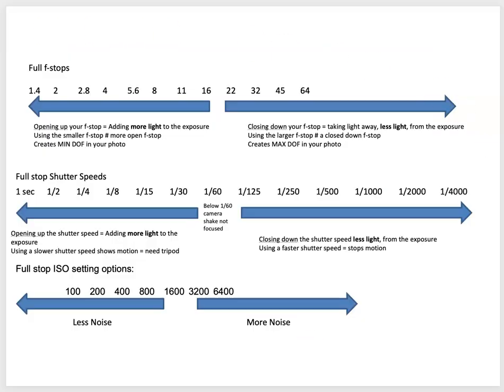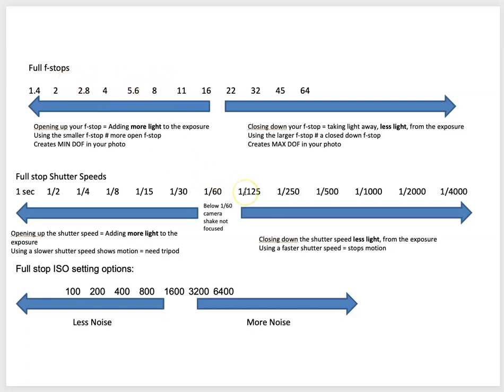If you're really interested in learning about your exposures and having total control, I encourage you to use manual and to watch tutorials. Anytime you open up your f-stop, let's say you take a meter reading and it's f8 at 1/25th of a second, and you say, oh, I want minimum depth of field, so I'm going to open up 1, 2, 3 stops.